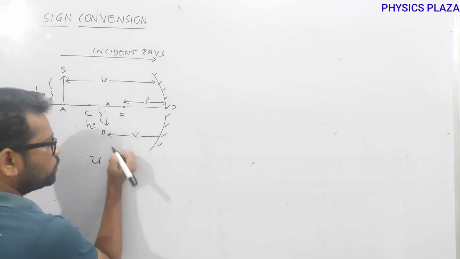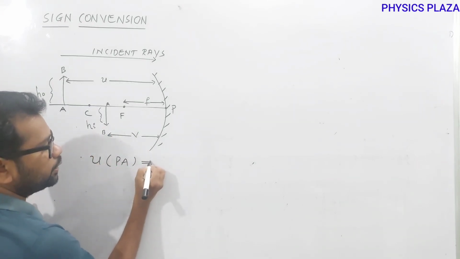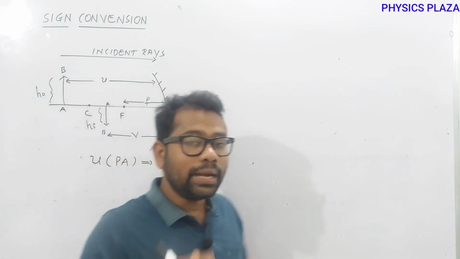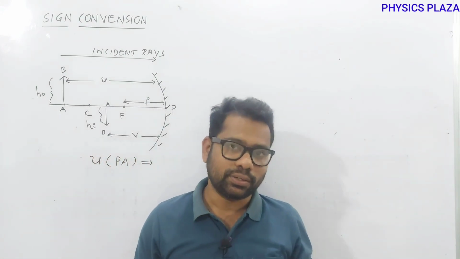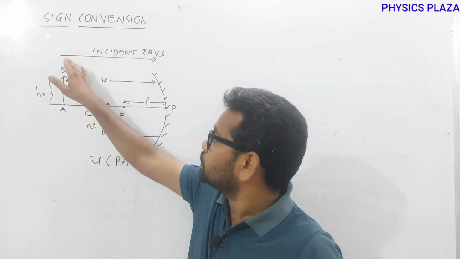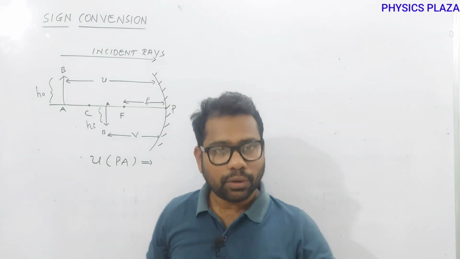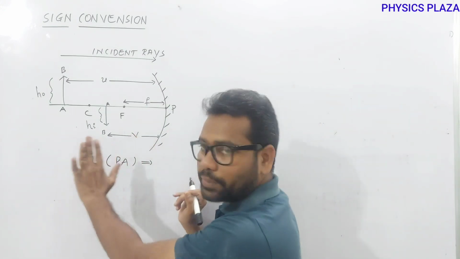So object distance is PA, P to A we have to take. But while we are measuring, let us see the incident ray direction. If we are taking the measurements in the direction of the incident ray, then it is positive. The opposite direction is negative. Now, children, I want to measure the object distance.